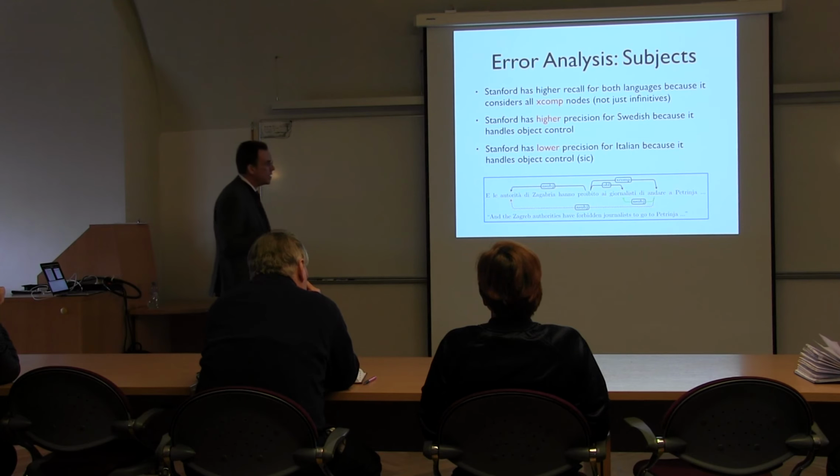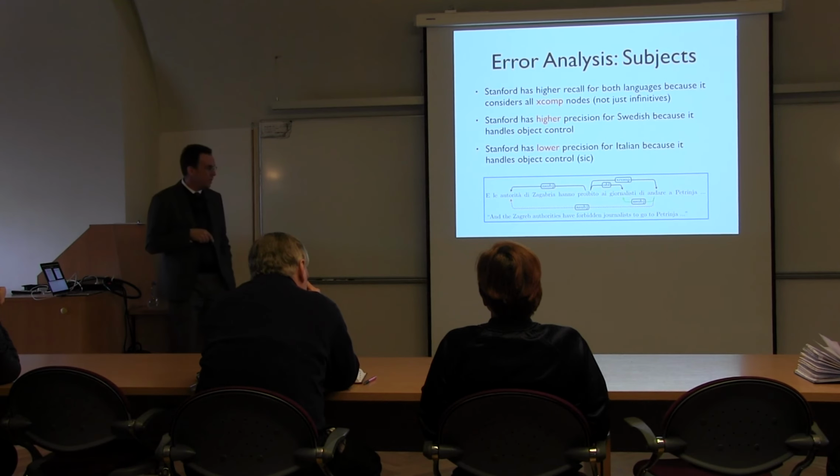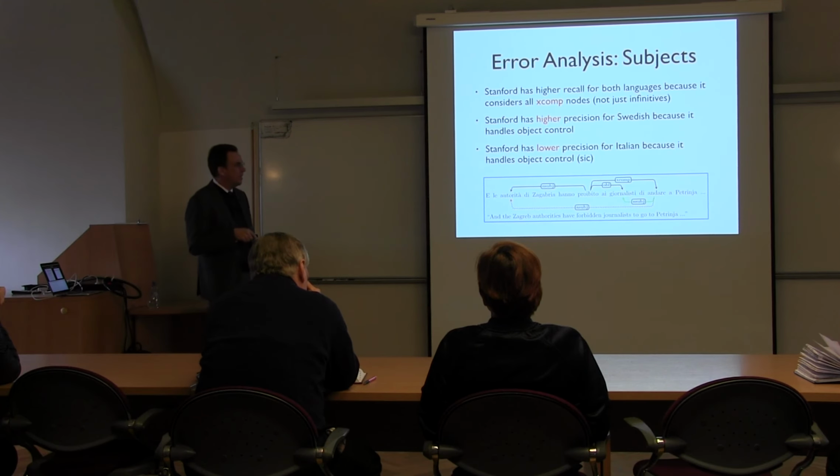The reason is that in Italian, it's more common that the controller is neither the subject nor the object, but something that, at least according to the UD scheme, is annotated as an oblique. So this sentence means something like, the Zagreb authorities have forbidden journalists to go to Petrinja. But the journalist here is not a direct object.